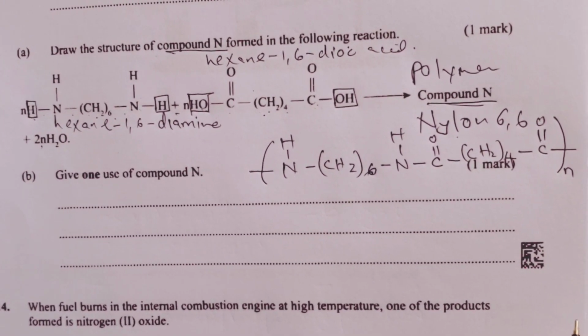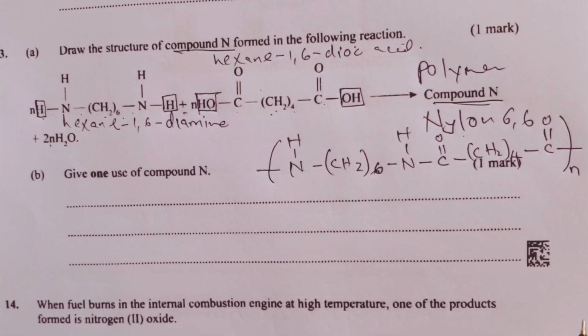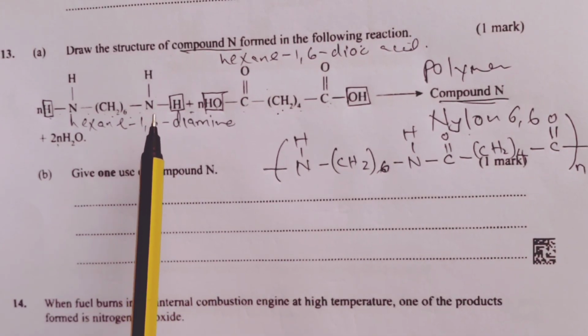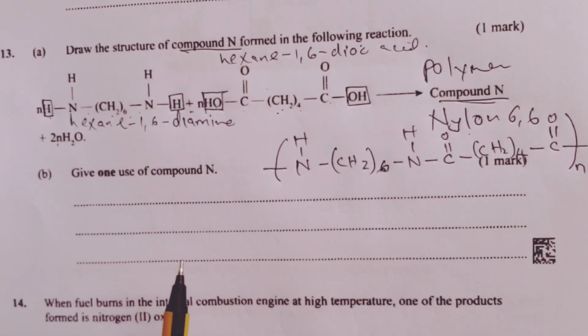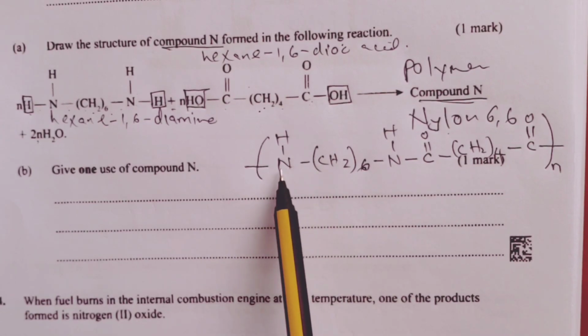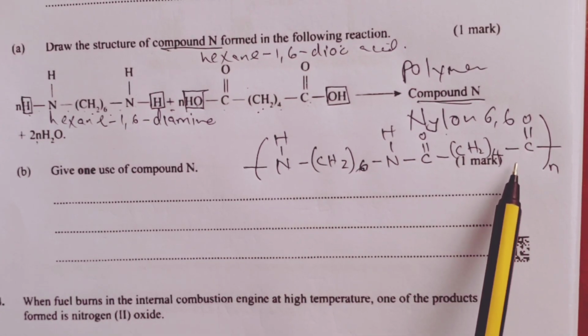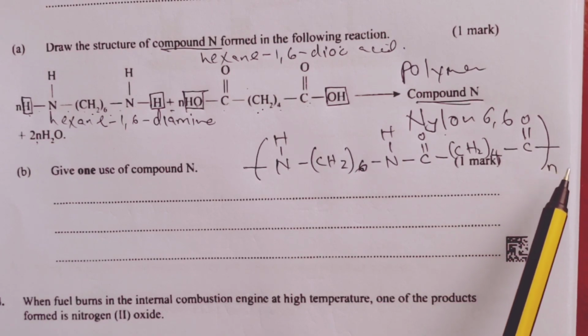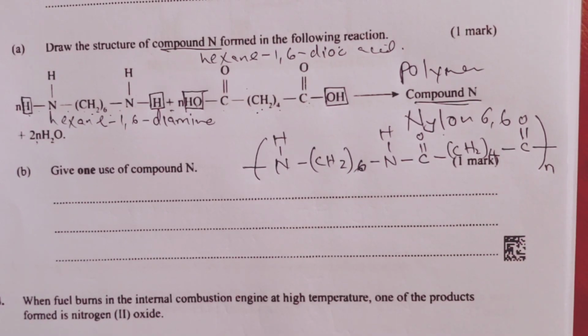That is the easier way of obtaining our polymer from the two monomers. Quite easy for a student to follow. So this becomes our answer for 1 mark, the structure of nylon 6,6.